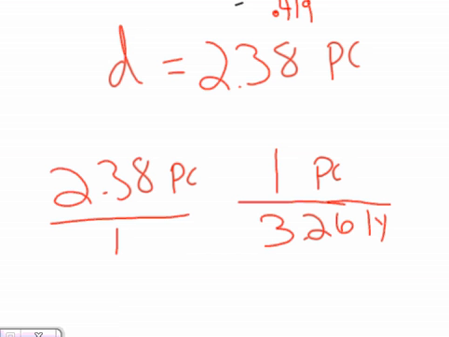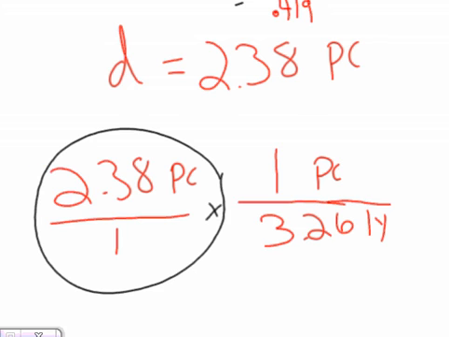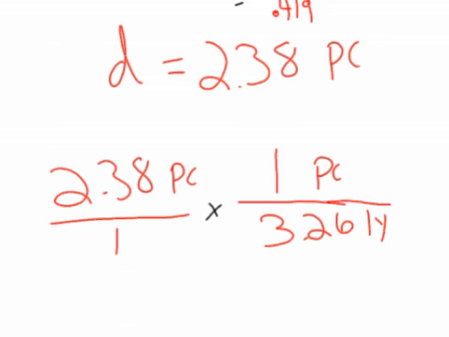What I like to do is dimensional analysis. I need to figure out what to multiply this by to get the units to turn into light years, so parsecs have to cancel out. That's how I decide my math, by how to cancel those units to get light years at the end.